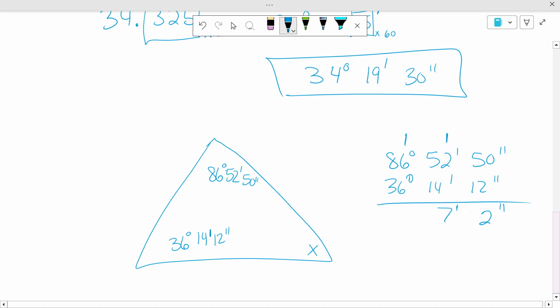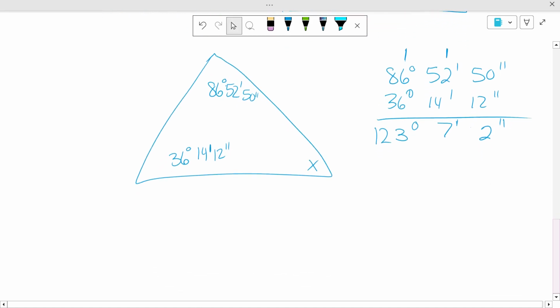So 86 makes 87 plus 36. 87 plus 36 is 123, correct? So it's 123 degrees, 7 minutes, 2 seconds.